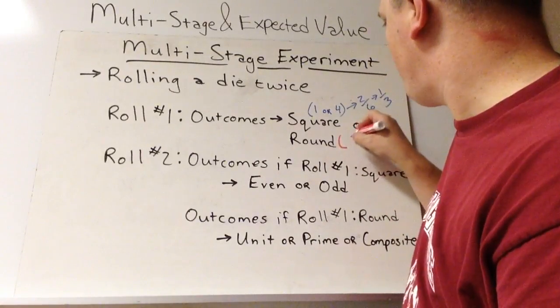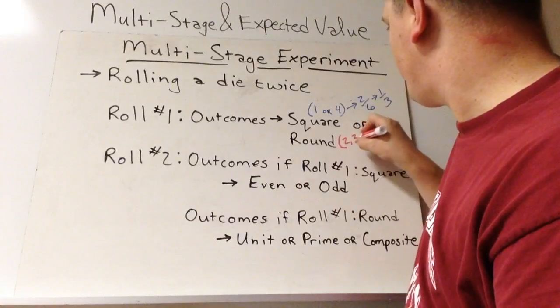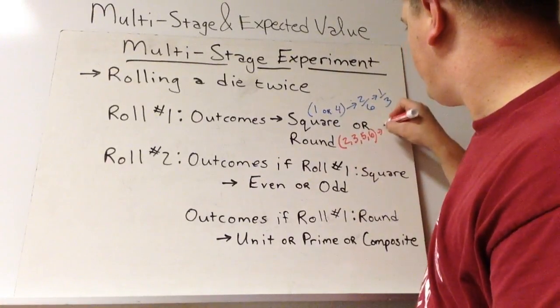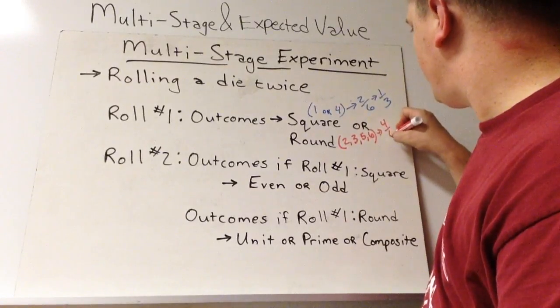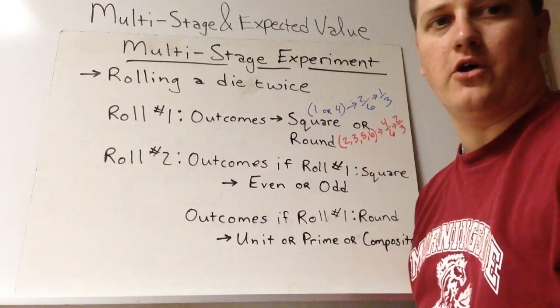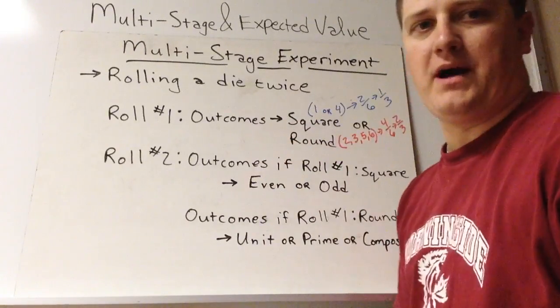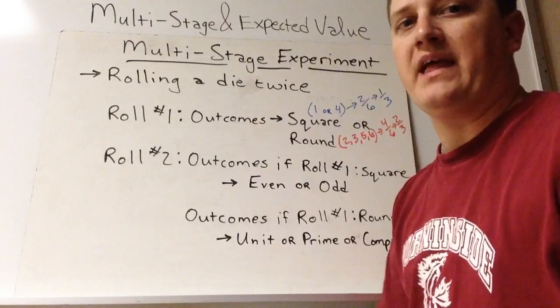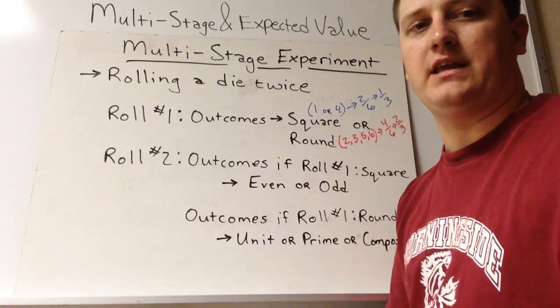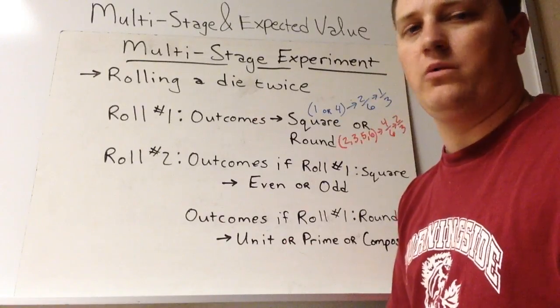A rounded square would be anything that isn't a perfect square. So here we have 4 options: 2, 3, 5, and 6, which is 4/6, or 2/3. So that's the possibilities on the first roll. On the second roll, we're going to be looking at things differently depending on what the first roll was.